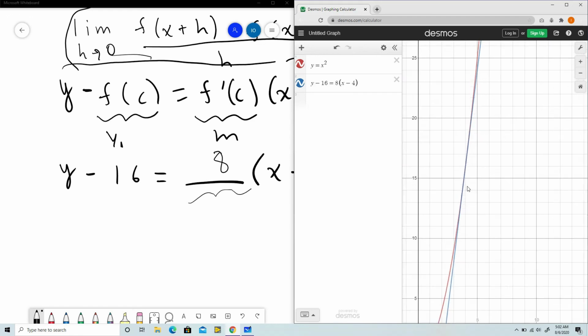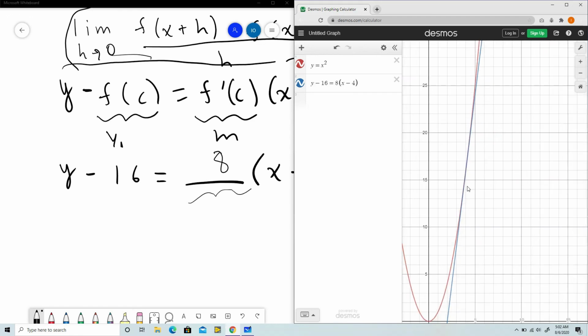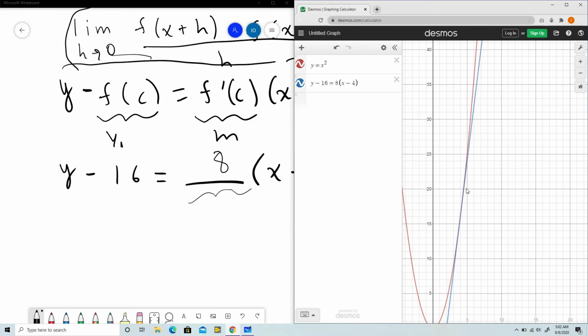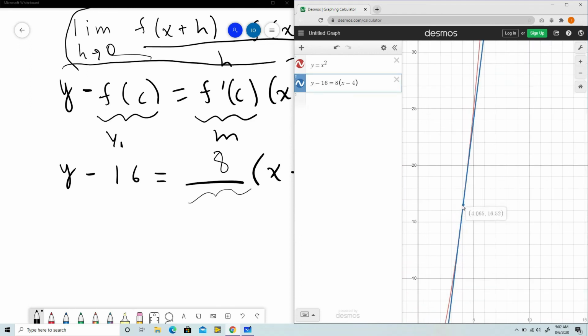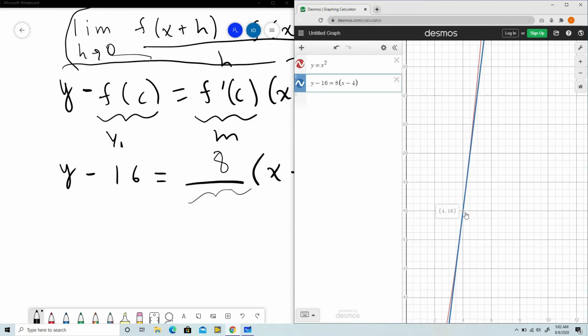As you can see, it seems to be correct. Right there you have 4 comma 16. So the tangent line is very much correct.